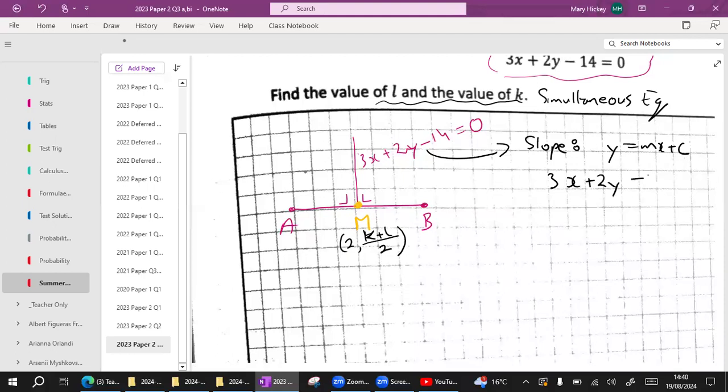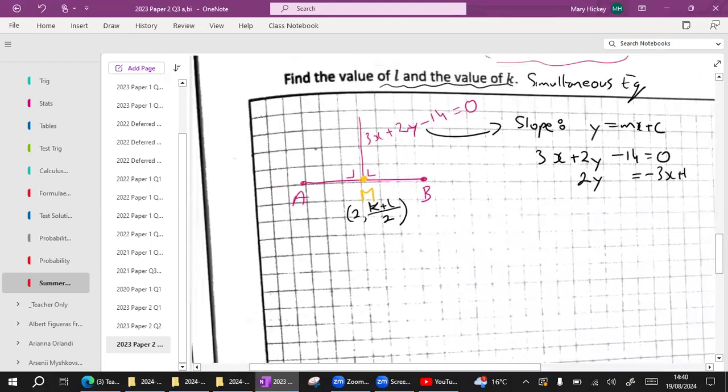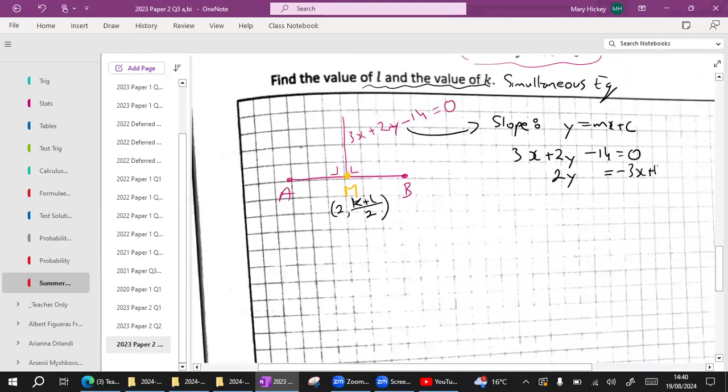So y equals minus 3x plus 14, and now to get y on its own, we divide by 2. So it's minus 3 over 2 x plus 14 over 2, which is 7. So I know the slope is minus 3 over 2.